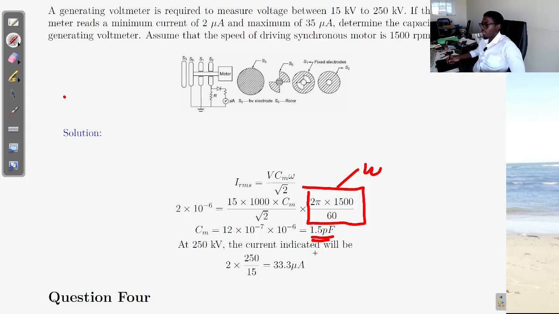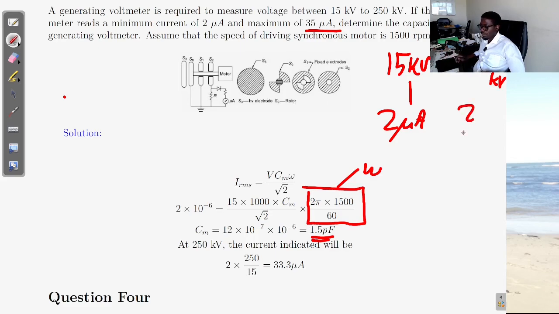Let's say in this question we've been given 15 kV, which has a minimum current that we use as 2 microamps, and then we are not so sure if this is the maximum current, but we can determine it using this 250 kV that we've been given to determine what is the maximum current after we have determined the value of the capacitance.